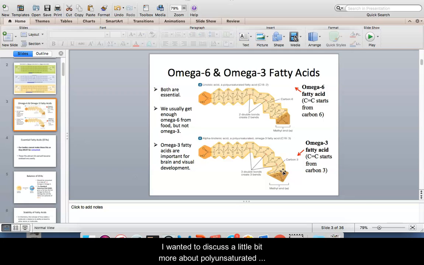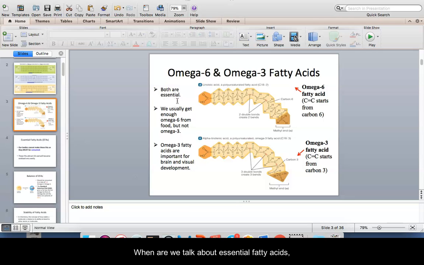Okay, I wanted to discuss a little bit more about polyunsaturated fatty acids. Most of you have heard of omega-6s and omega-3 fatty acids. What that is, is that you've got your carbon chain and you've got your double bonds. This is an example of linoleic acid, which is a polyunsaturated fatty acid that is essential.